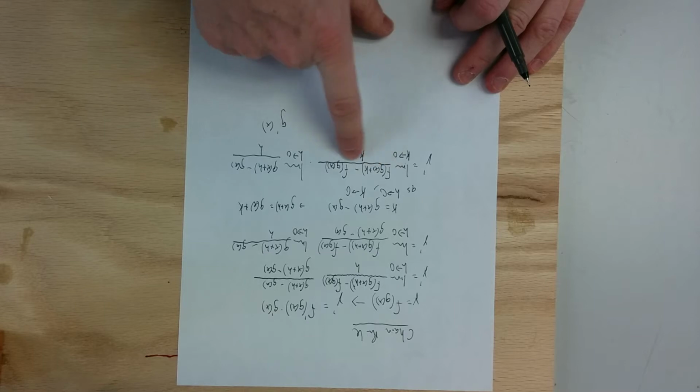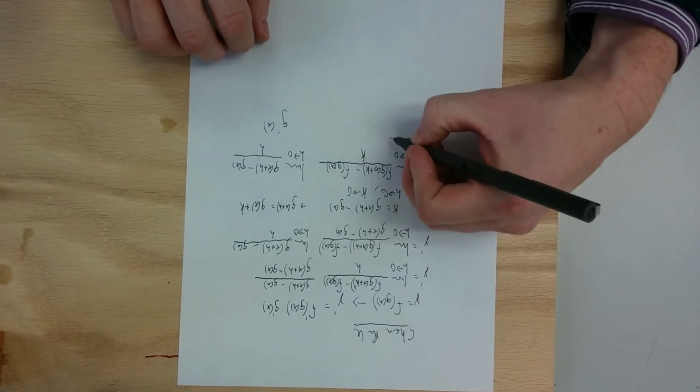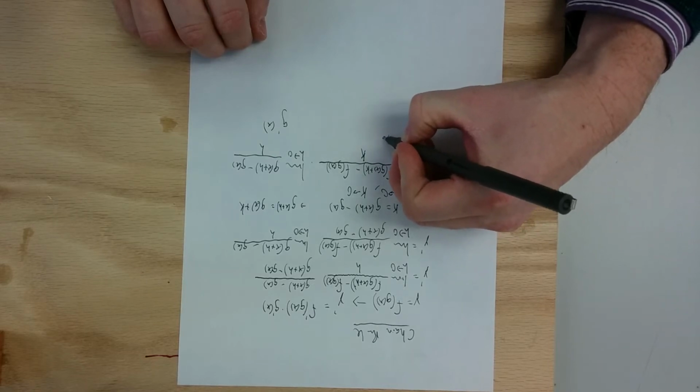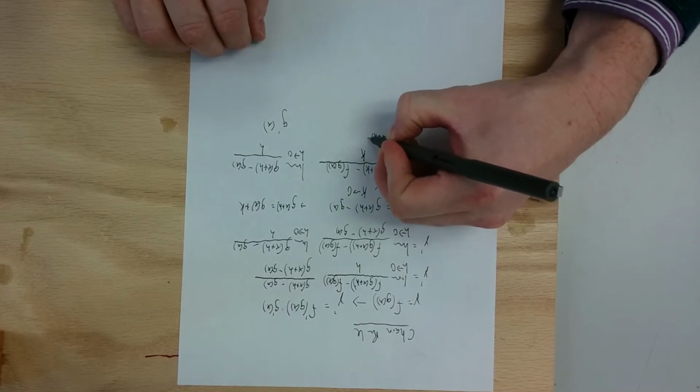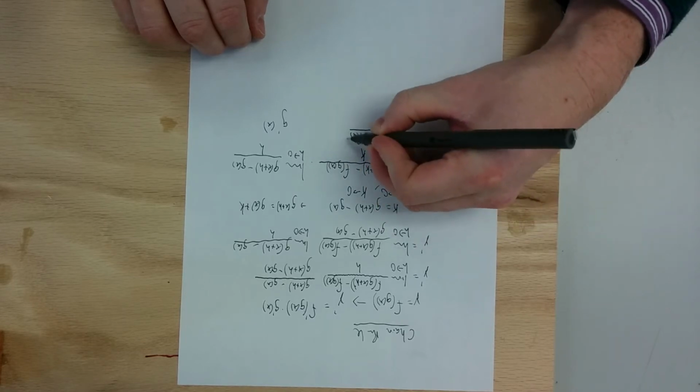So this is basically in the same form as f of a plus k minus f of a over k.